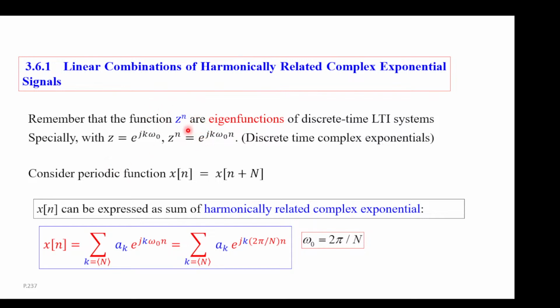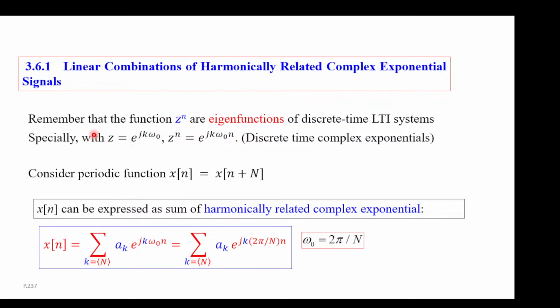So the idea is we have those eigenfunctions z of n. I guess it's a bit confusing. So we have z of n as the eigenfunctions of our discrete-time LTI system. Now we want to express our signal as a linear combination of z of n. But for some reason, we don't express it as z of n.